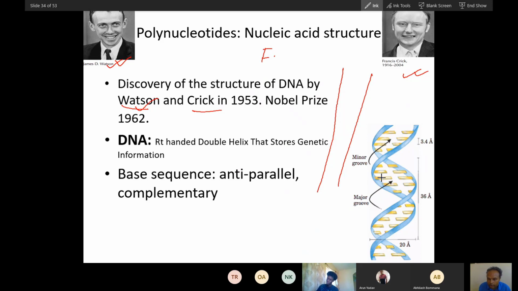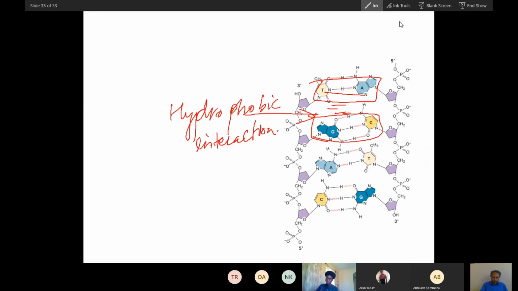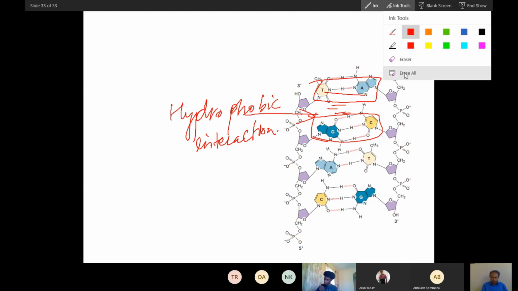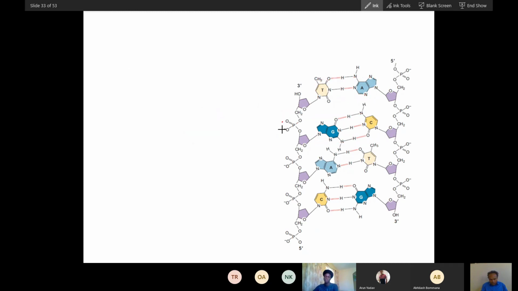Why? Because DNA adjusts itself in an environment of water, because our body is made of water. These bases are hydrophobic, but in the backbone there are hydrophilic regions. Phosphate is hydrophilic, and the sugar OH is also hydrophilic. So the hydrophilic part is in contact with water, but the bases are hydrophobic.